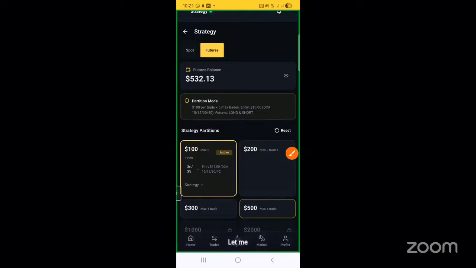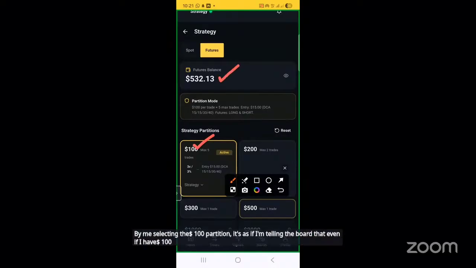Let me repeat this. By selecting the $100 partition, I'm telling the bot to expose a maximum of $100 per trade.